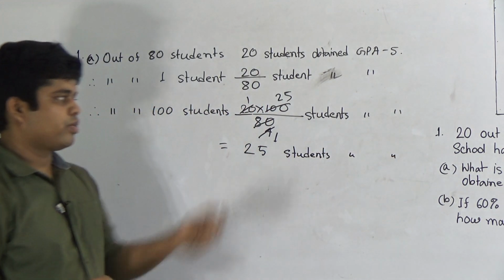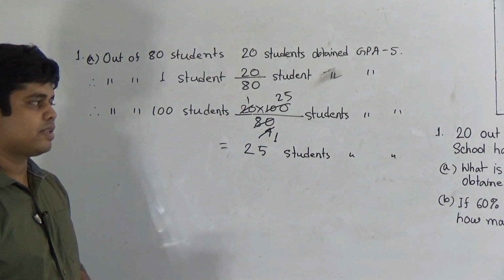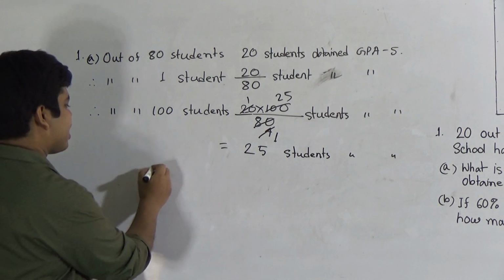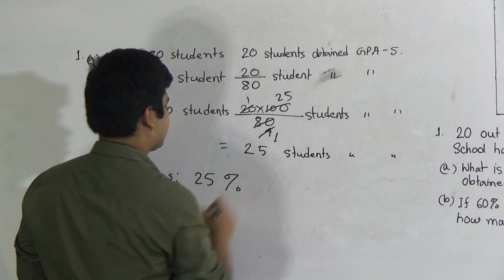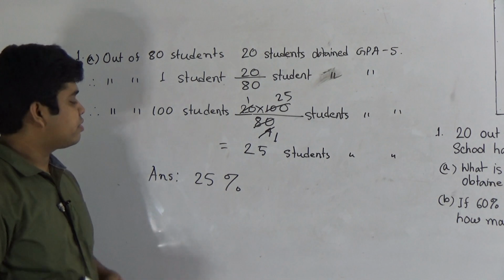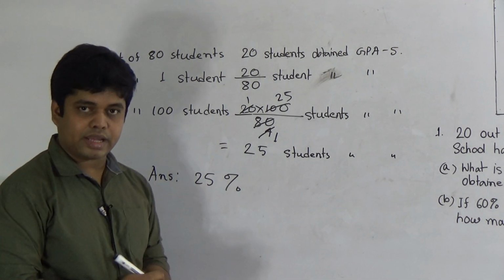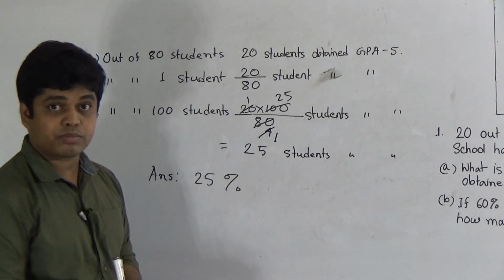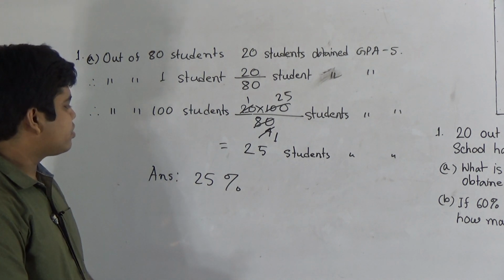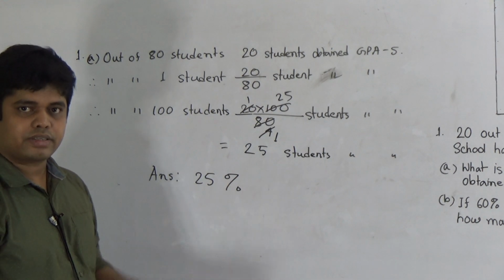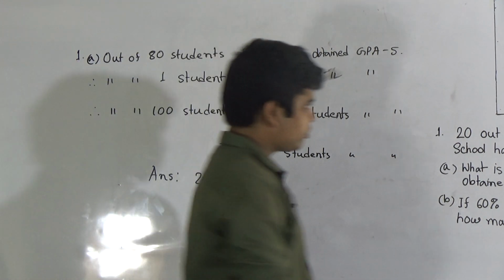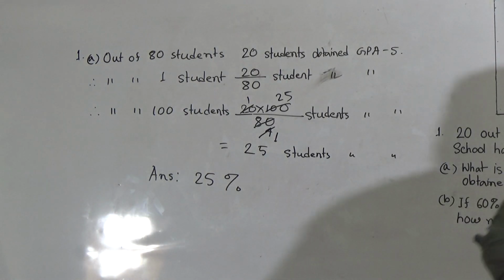But the question asks you to find out the answer in percentage. So when you write the answer, you write 25%. Dear students, notice, if you don't write the percentage sign here, then some marks are deducted from your answer script. So you don't write students here, you write 25%, right? Okay. So question number A is done.